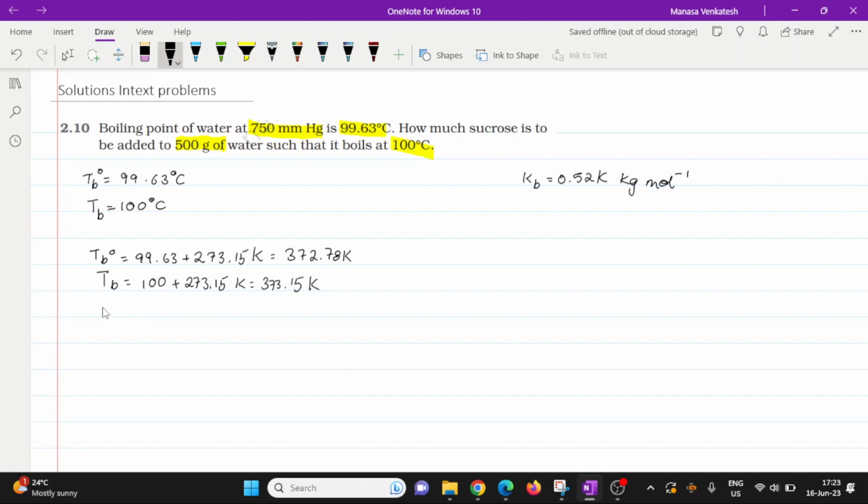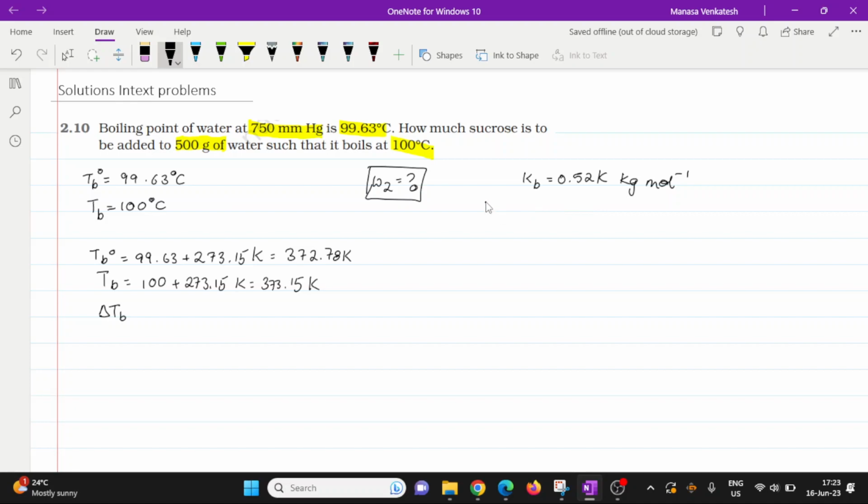We're going to be calculating the value of delta TB. Essentially what they're asking here is the mass of sucrose, which is what we need to find. So we are going to be using the molar mass equation using the elevation of boiling point and calculate the value of W2.